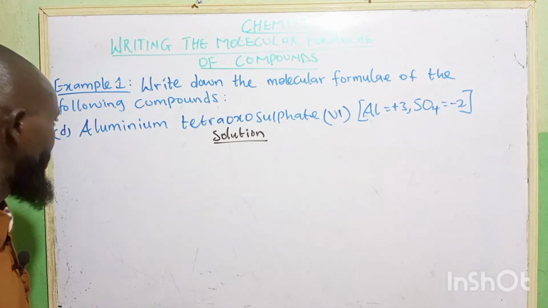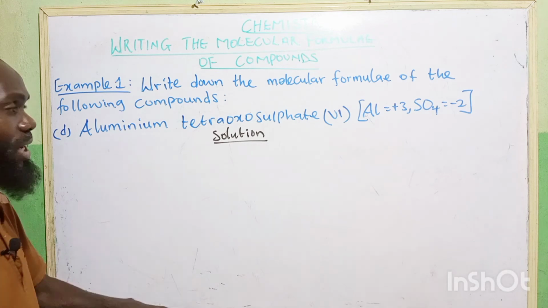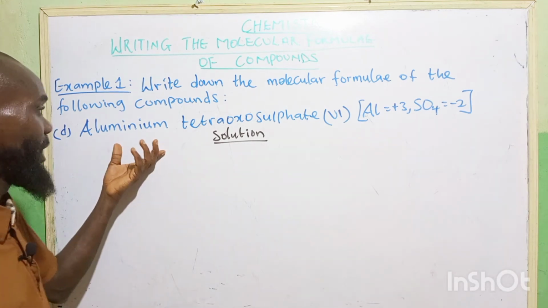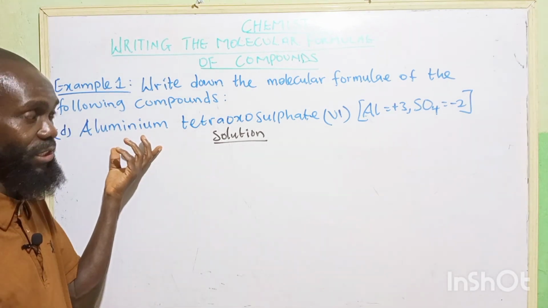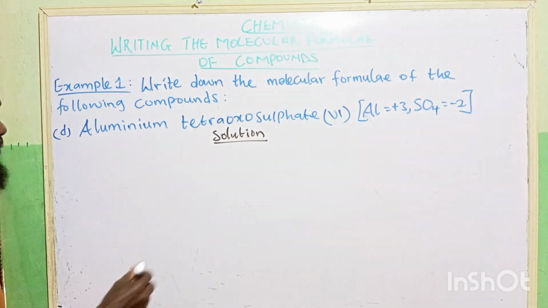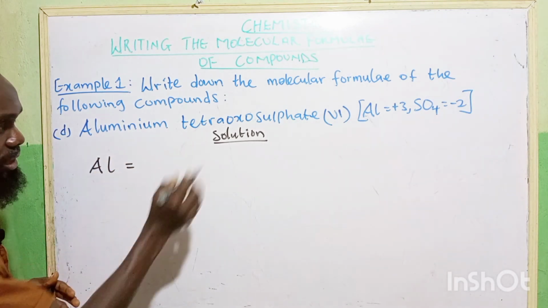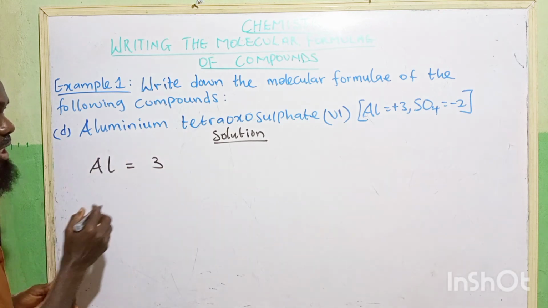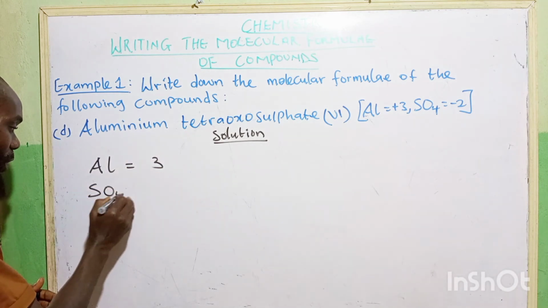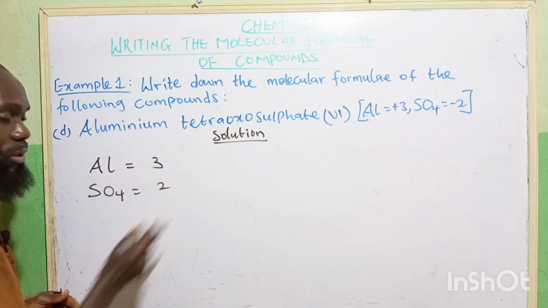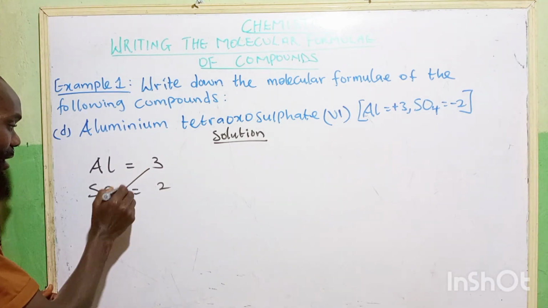The next question is, we want to find the chemical formula of aluminium tetraoxosulfate 6. Now we have aluminium, we have Al, which is 3, equals to 3. Then sulfate, SO4, that's equals to 2. So the next thing we cross multiply.